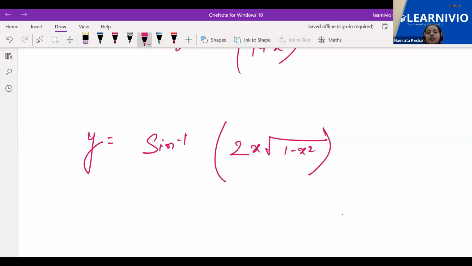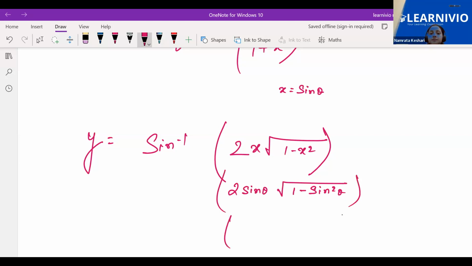If we take sine, let's check whether it will work or not. Will it work, Annapurna? Yes or no?